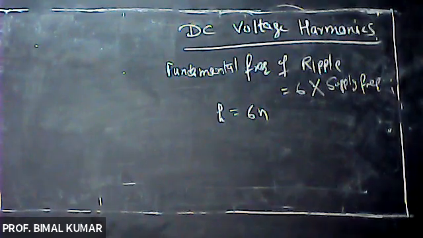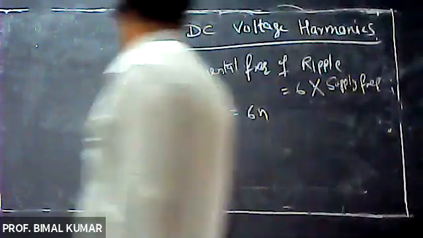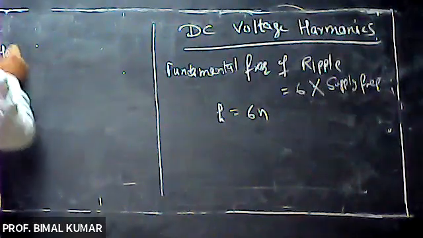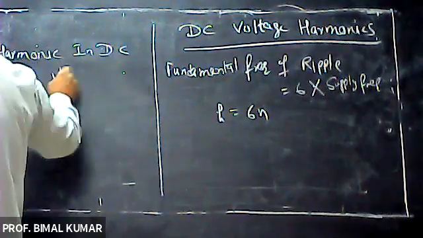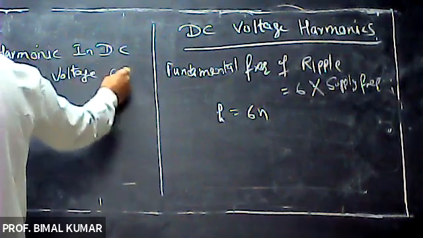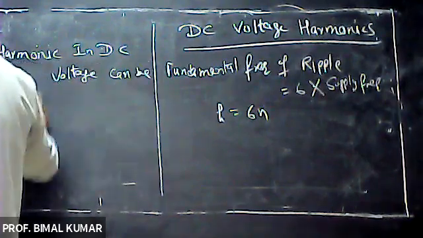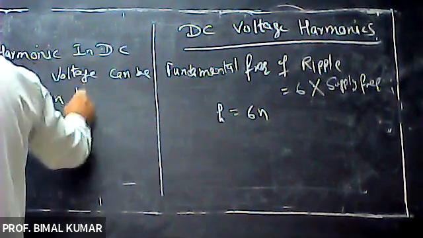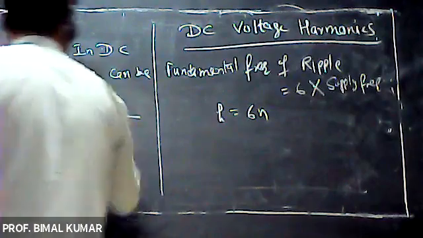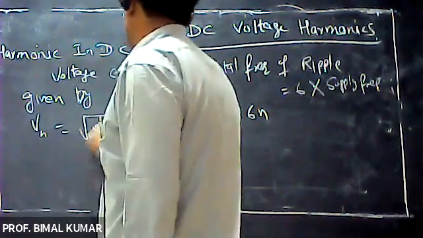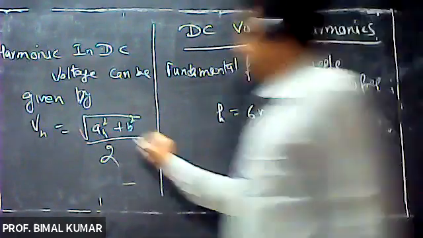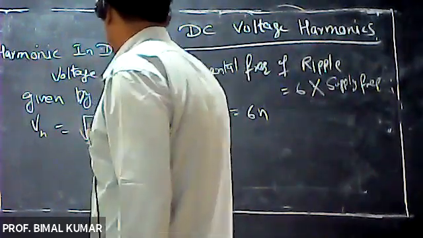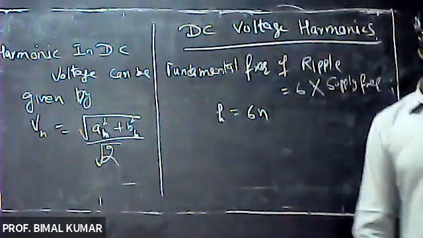The harmonic in the DC voltage can be given by V_h equal to under root of (a_h square plus b_h square) divided by 2, right?